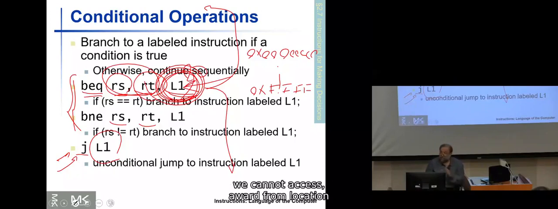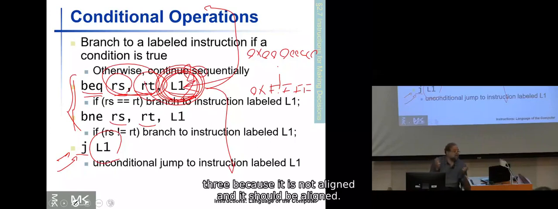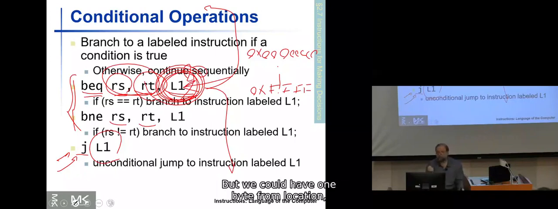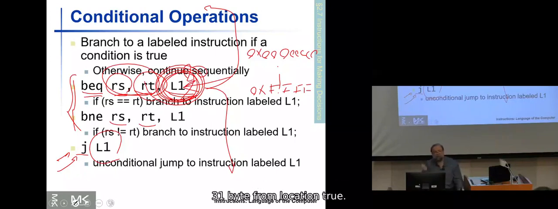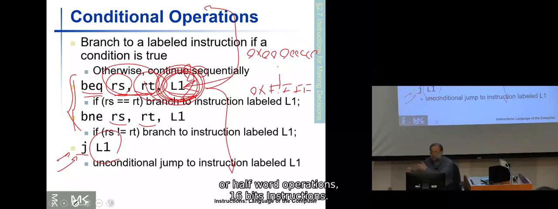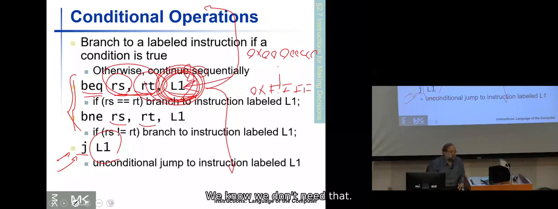We cannot access a word from location 3 because it is not aligned, and it should be aligned. But we could have 1 byte from location 3, 1 byte from location 2. Even in data, we have byte operations or half word operations, 16 bits. In instructions, we don't need that.